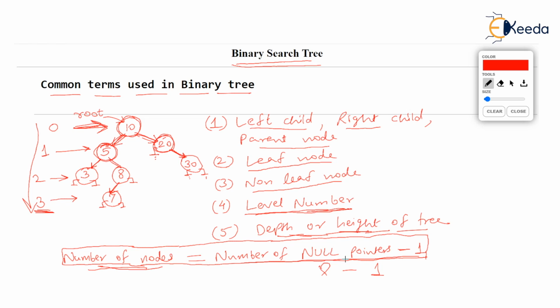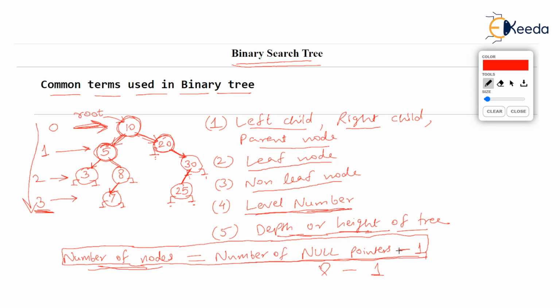Just imagine I add one more node to the left of 30, just for fun. Let's say this is 25. So left and right of 25 are null. How many null pointers are there now? Remember, I have added one node, isn't it? If you count, the number of null pointers is 9 now.